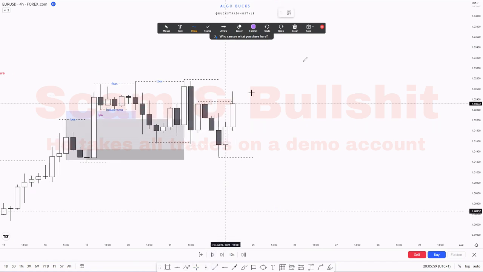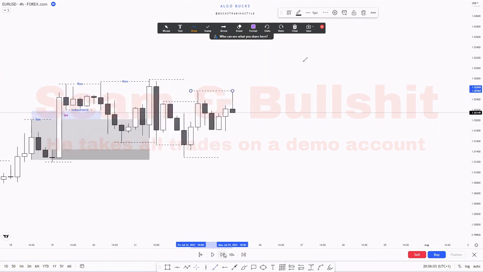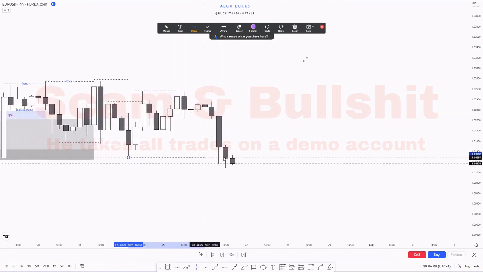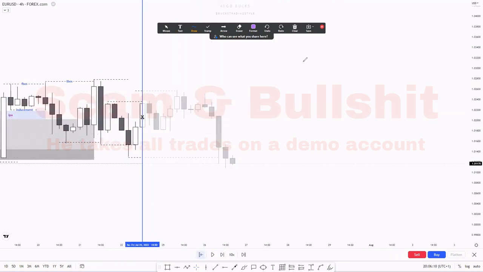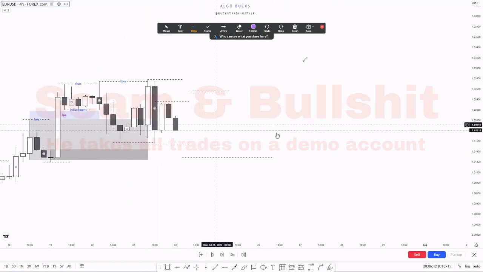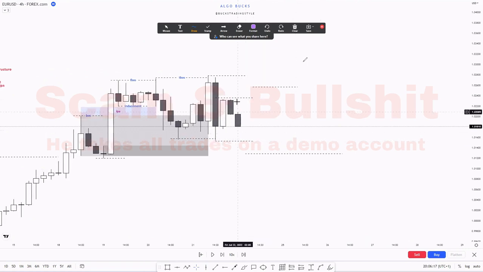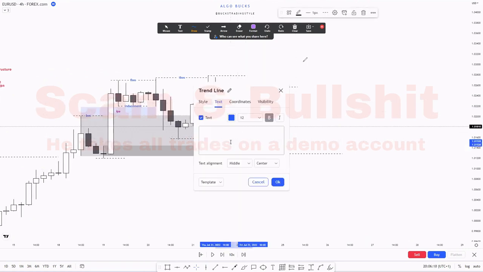Then we have a new high. Now I want to see price come down. Good. So now this is an algo structure. Let's take it back a bit so we understand it better. At this point right here, this is a break of structure, right?